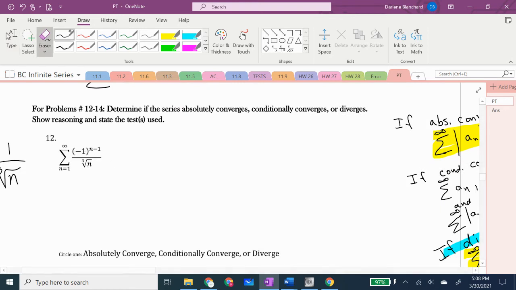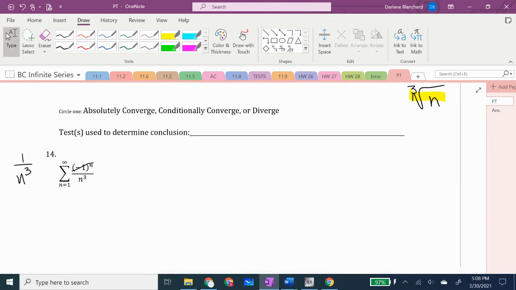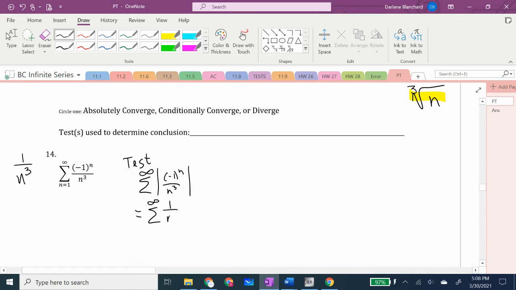given this formula, wait a minute, that isn't the one, number 14. Given the formula, I am going to test the absolute value as a series, which is equal to the series 1 over n cubed. Then you can say that this is a P series.